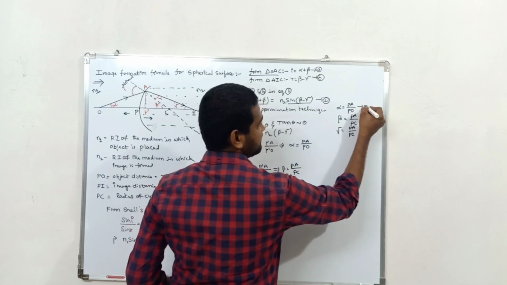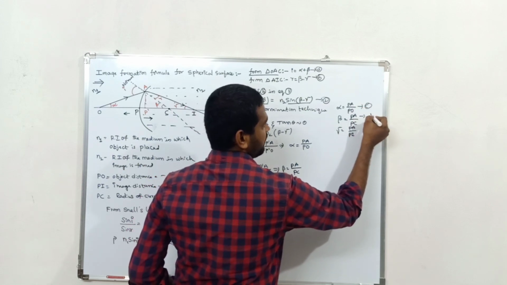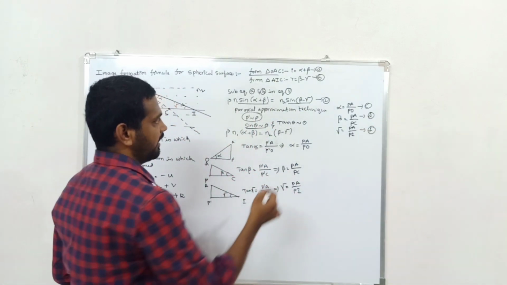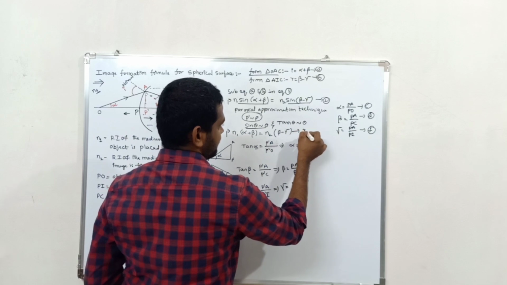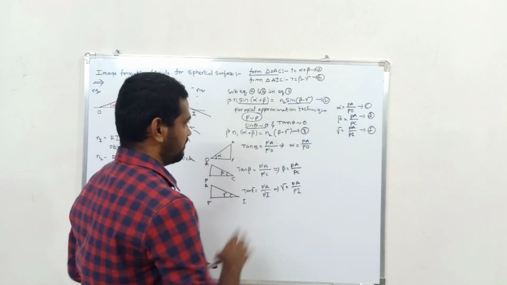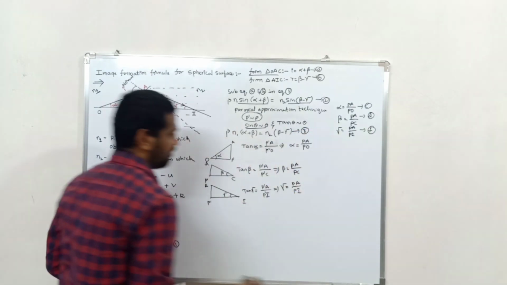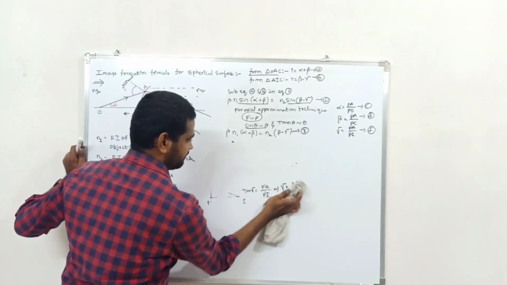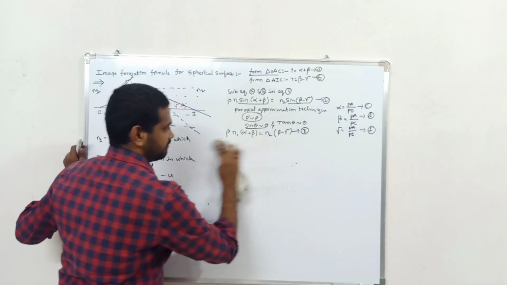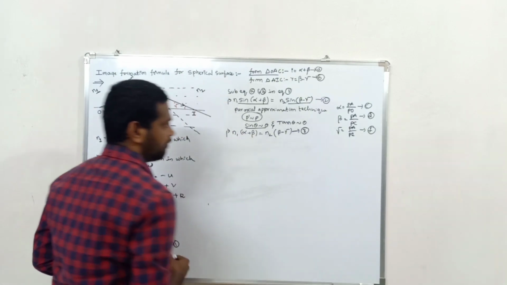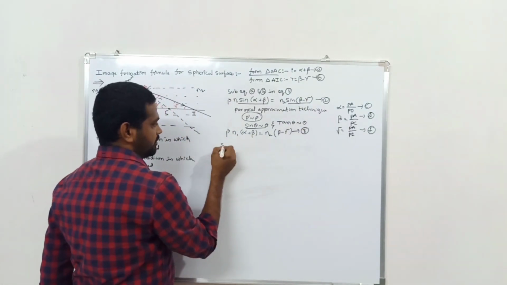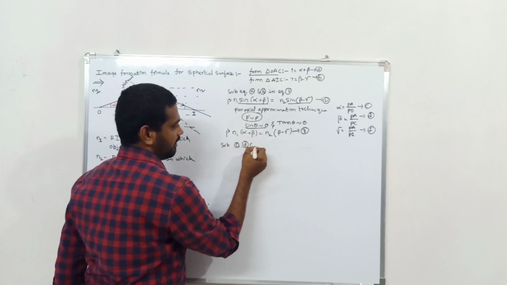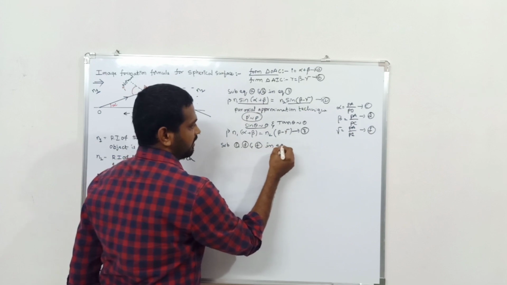Let us consider these equations as C, D, F. Clear children? Now I consider this equation as 3. For the sake of space I am rubbing this. Now substitute C, D and F in equation 3.